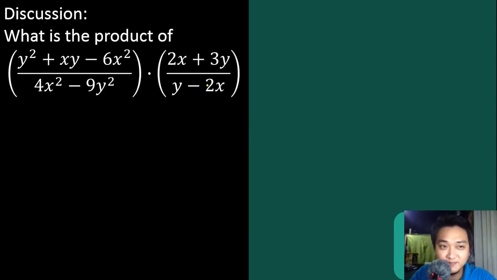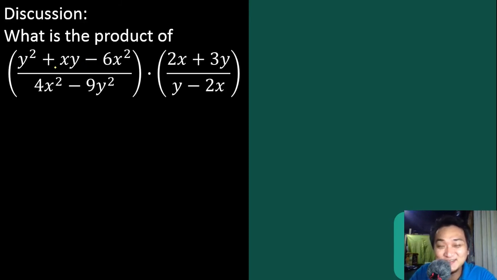Okay, so this time, ang gagawin naman natin, we'll try to find the product of this rational algebraic expressions. Pero, kung mapapansin nyo po, yung numerator ng first rational algebraic expression natin is a trinomial na, no?